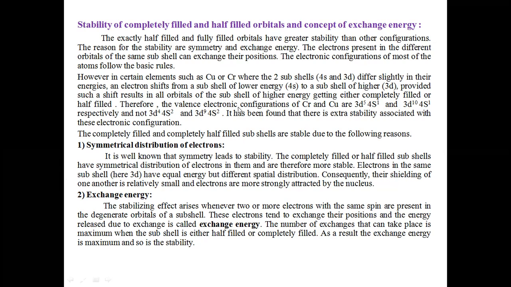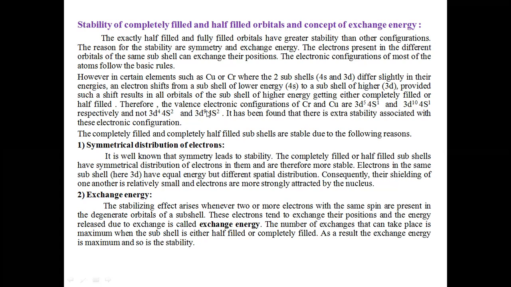Therefore, the valence electronic configurations of chromium and copper are 3d5 4s1 and 3d10 4s1 respectively, and not 3d4 4s2 and 3d9 4s2.